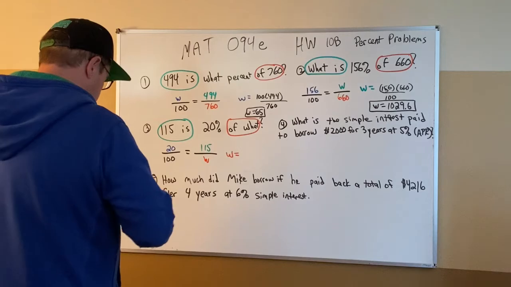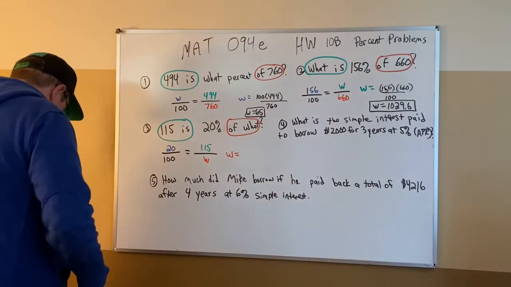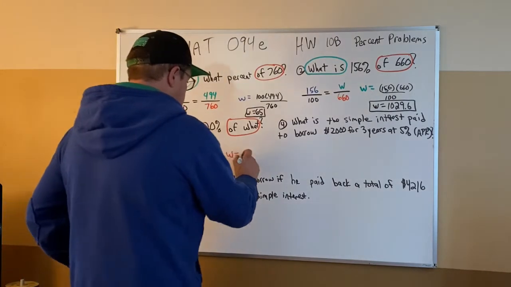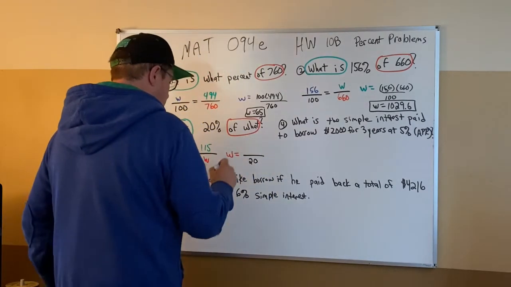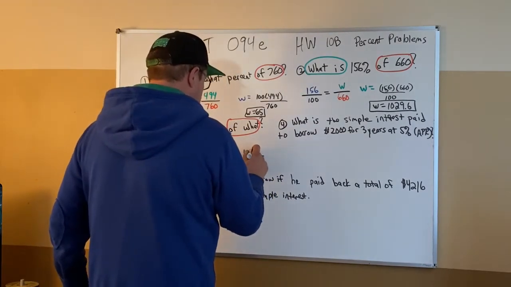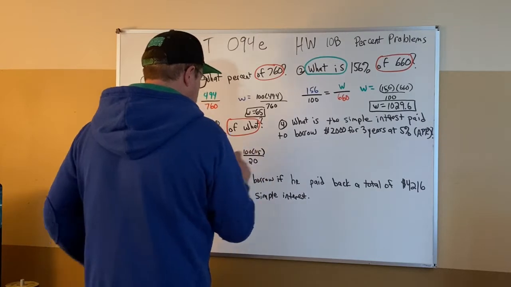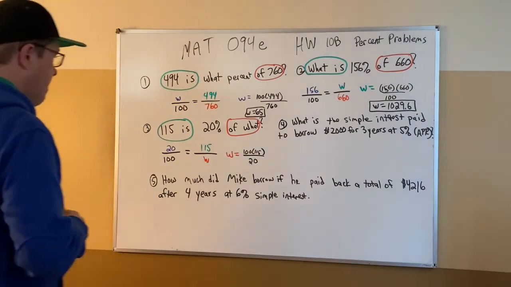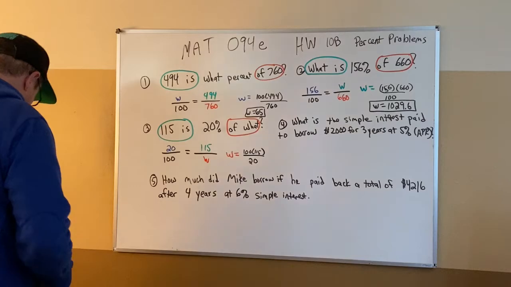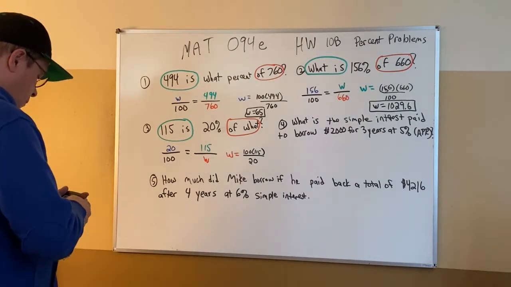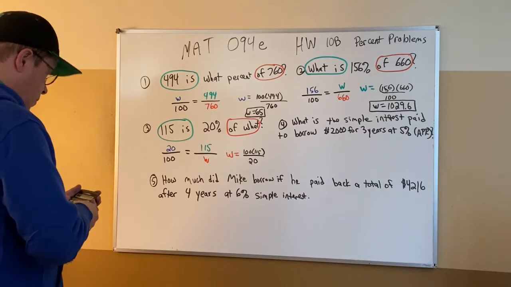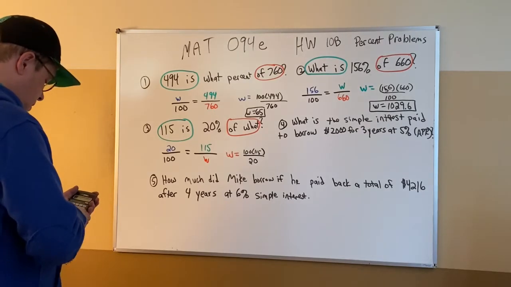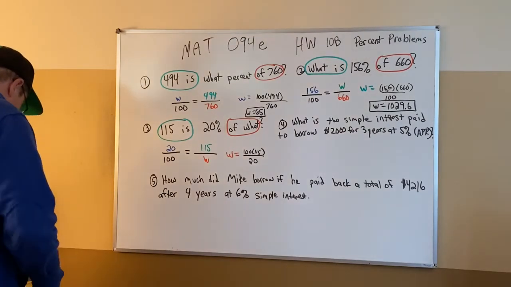I'm going to divide here by 20. So I'm dividing by the 20, multiplying 100 by 115, in either order, and it must be divided by 20. 575.